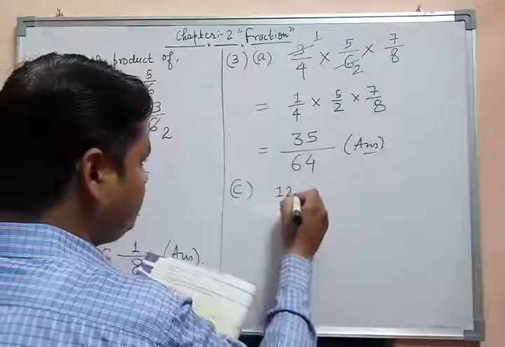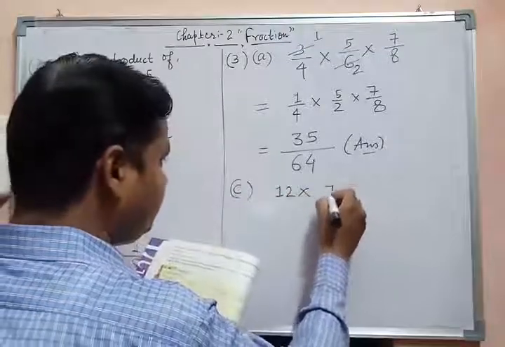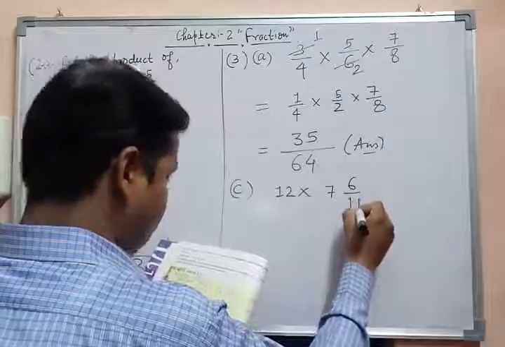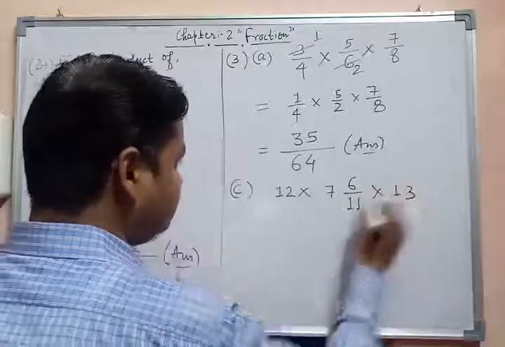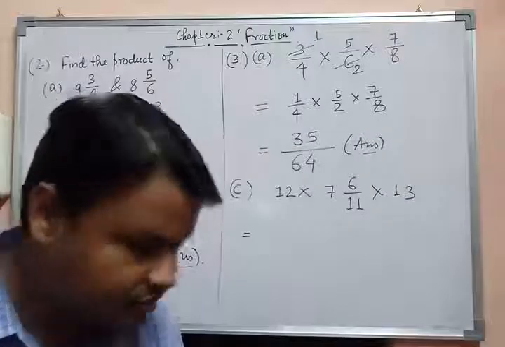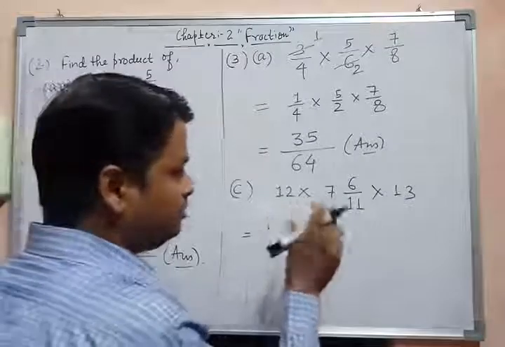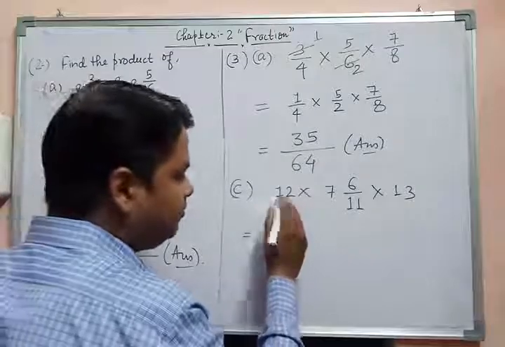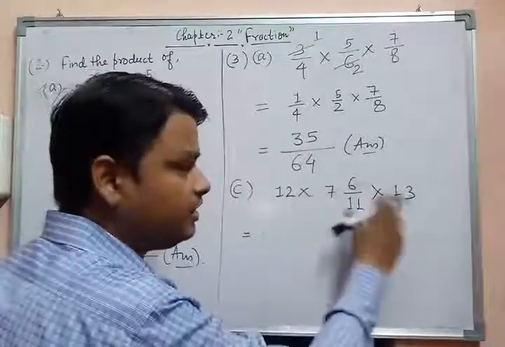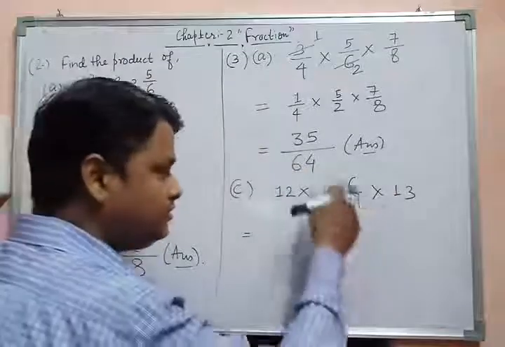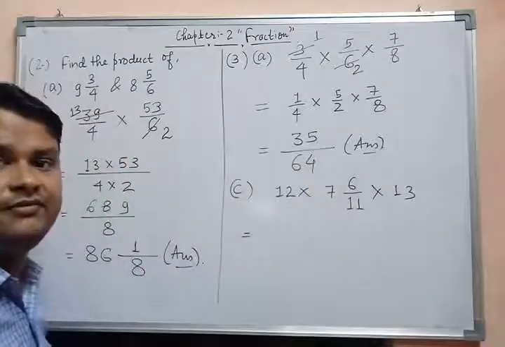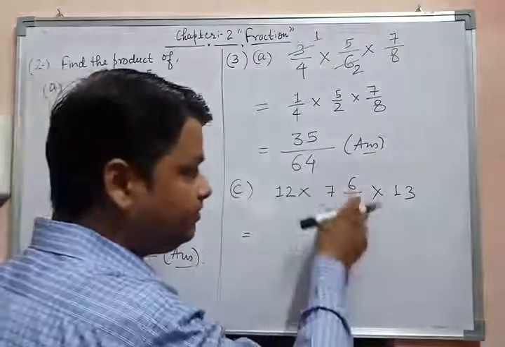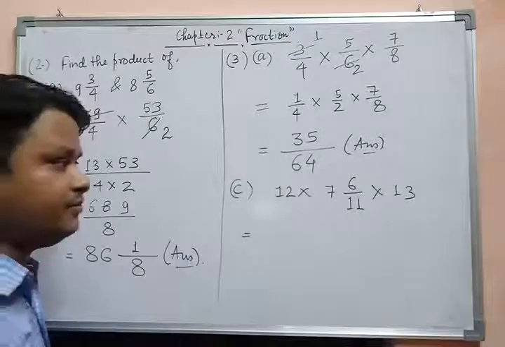12 multiply 7 and 6 upon 11, multiply 13. So students, there are some numbers given just like this. 12 is a whole number, and 13 is a whole number, and in the middle a mixed fraction is given. So first of all you have to convert this mixed fraction into an improper fraction.